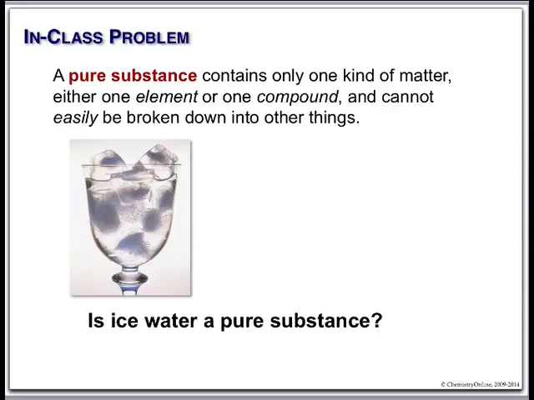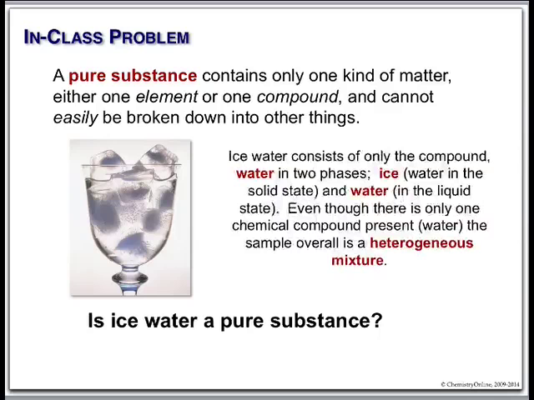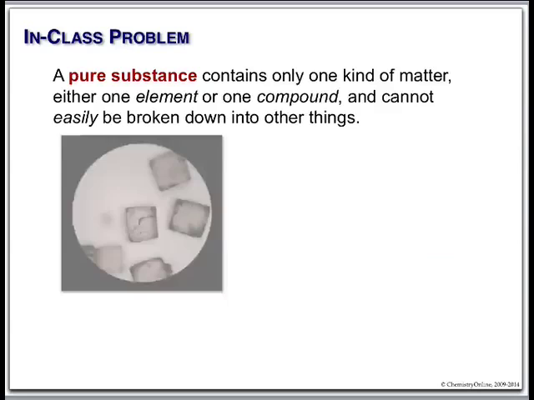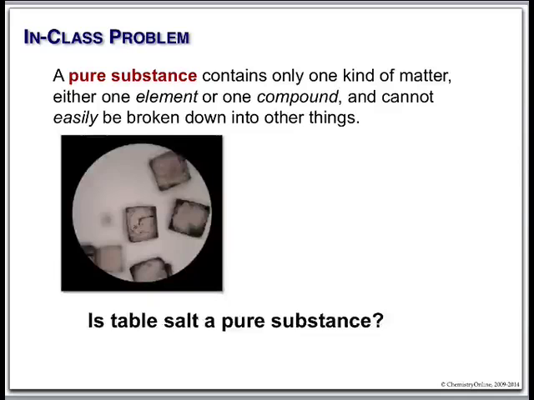This is table salt. You may have looked at table salt under a microscope before. It's little tiny cubes. Now again, you look at these, they're all slightly different, aren't they? But salt, table salt, is a chemical compound.